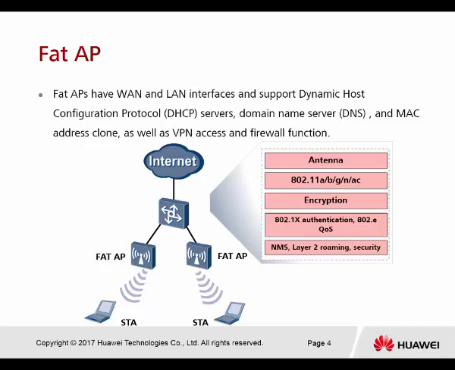Some of the products also support firewall features. So this AP pretends to be like the router that we're using, so it can do almost all the features here. They have an antenna and support all types of standards, doing encryption, authentication, security, QoS, and roaming.